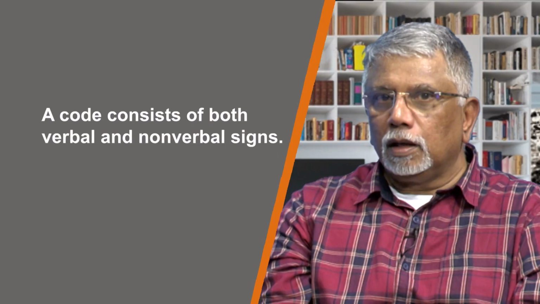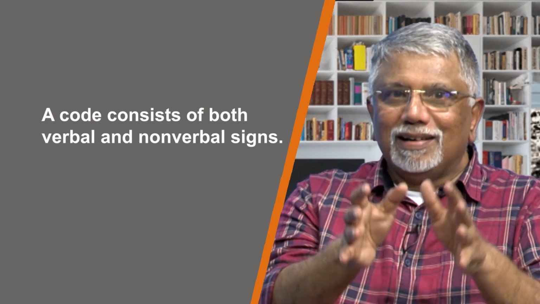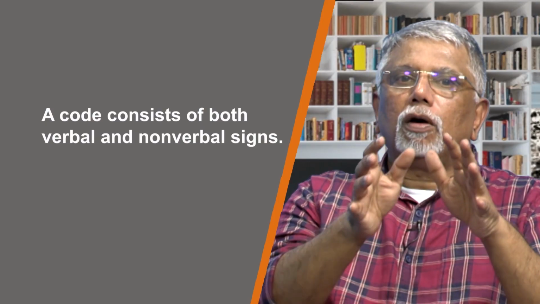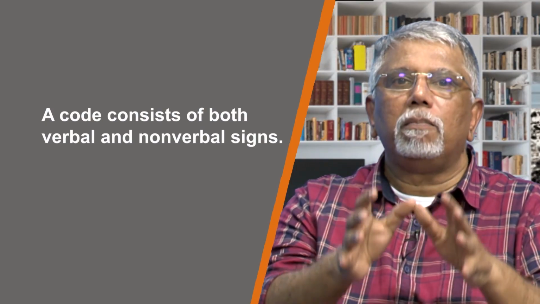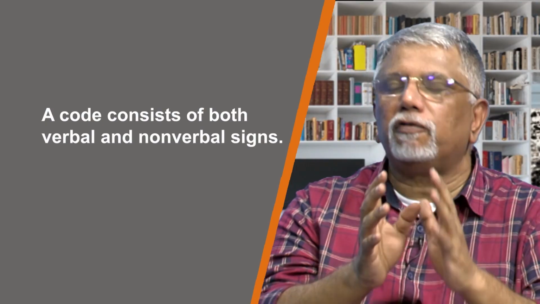Words are signs we use to communicate in the written or spoken format. All other cues, all other behavior is non-verbal in nature. And a code consists of both verbal and non-verbal signs. It's a system of signs.